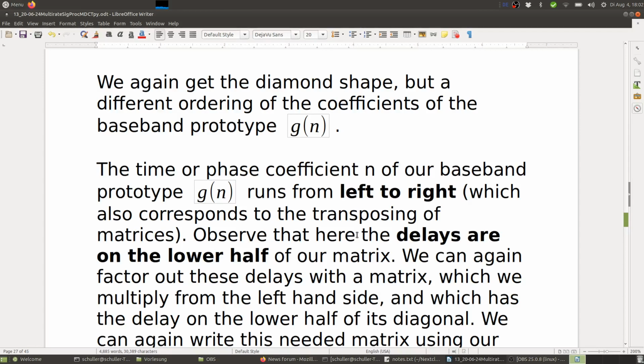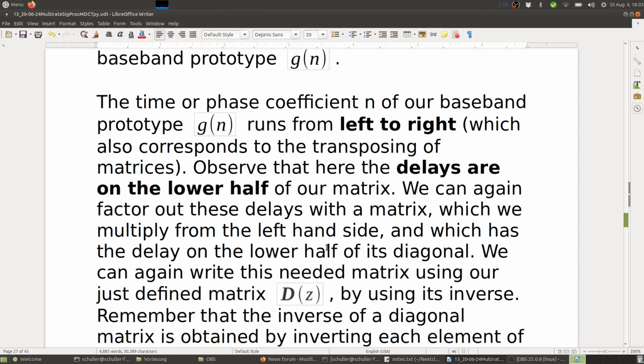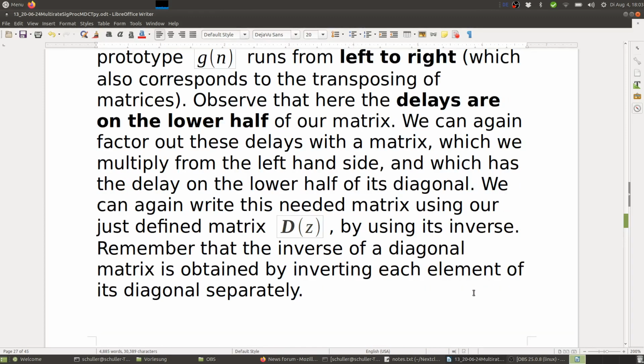Observe that here the delays are on the lower half of our matrix. We can again factor out these delays with a matrix, which we multiply now from the left-hand side, and which has the delay on the lower half of its diagonal. We can write this needed matrix using our just defined matrix D of z by using its inverse.